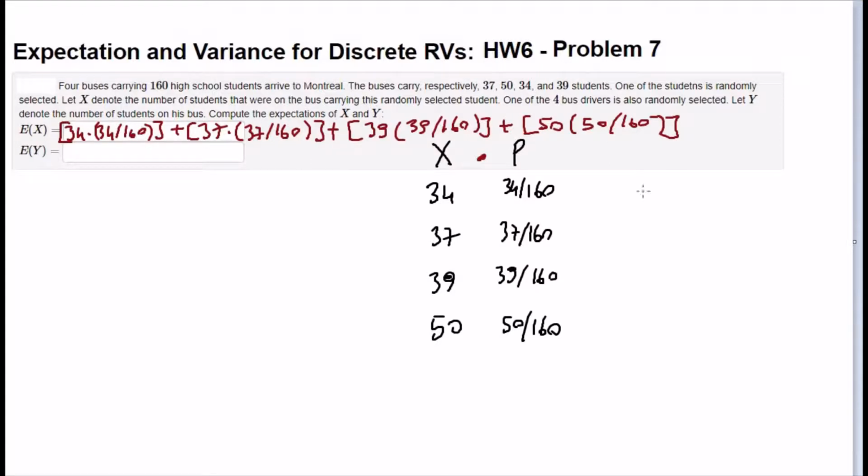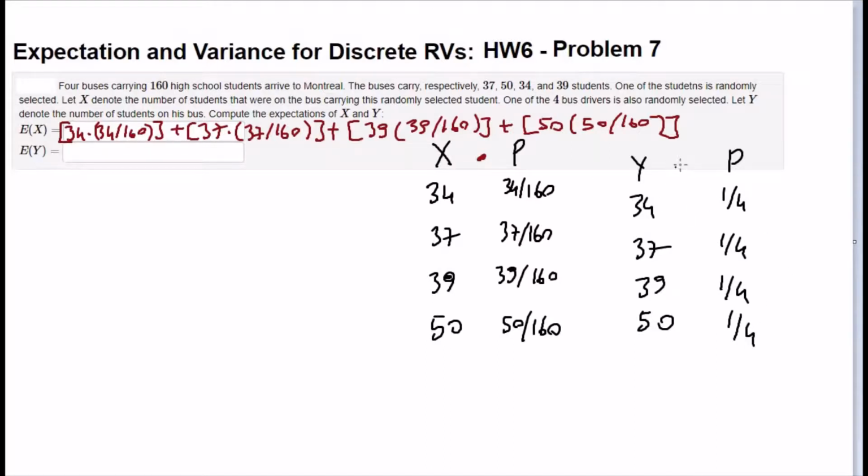For the expectation of Y, again we have the same buses and the same number of students, but this time the probability of picking one of the buses is 1 out of 4, because we are picking the bus driver here, and we have 4 buses and we are picking one of them, so equally likely they are each 1/4.